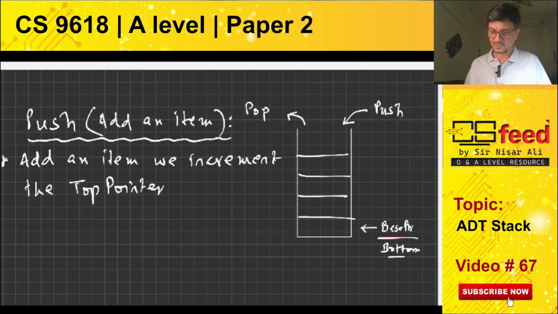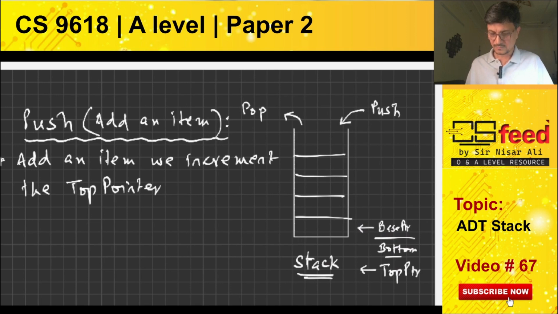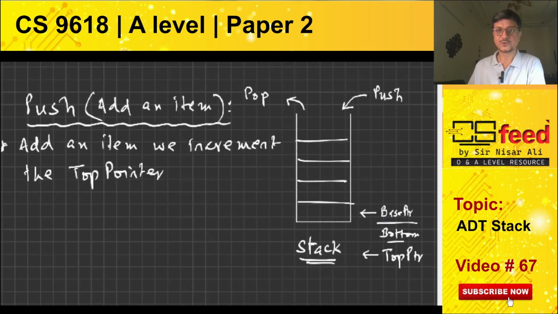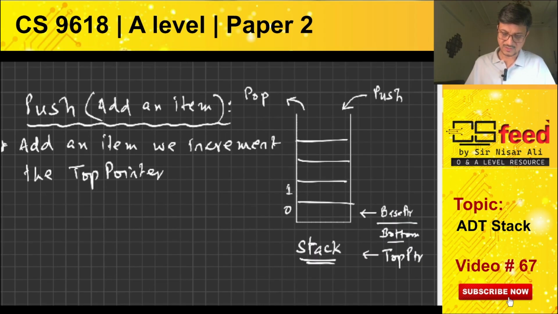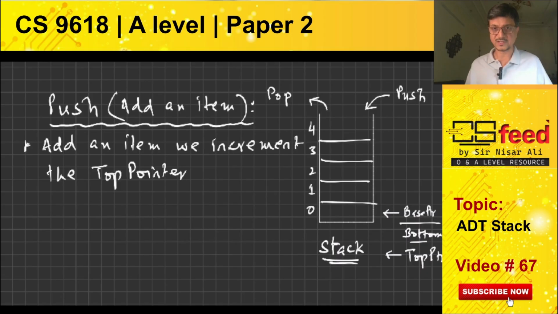Right now, when this stack is empty, for example, this is the stack. When the stack is empty, the top pointer is here. All right? The top pointer is pointing to nothing. So we can give the reference numbers 0, 1, 2, 3, 4. We can give the references to the locations, to the addresses, like 0, 1, 2, 3.